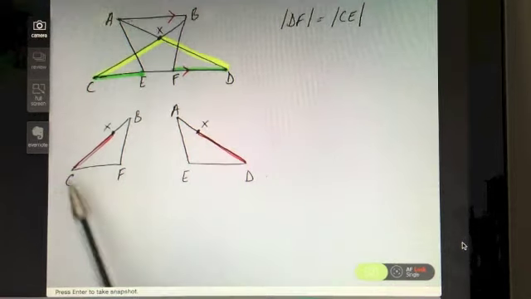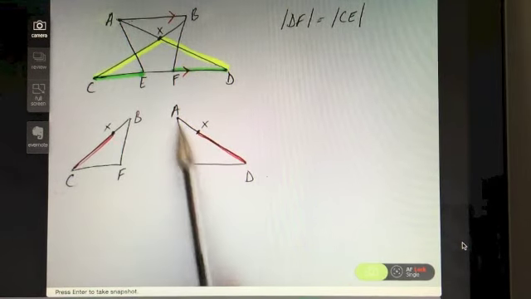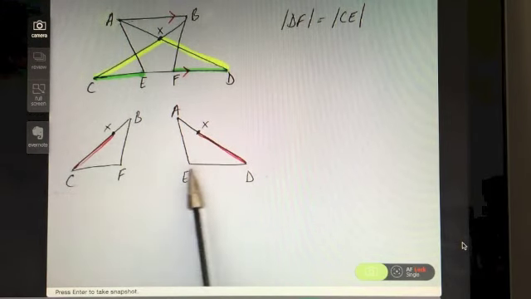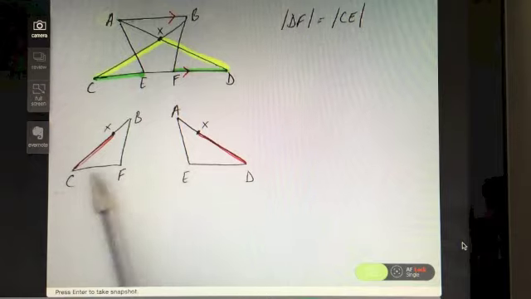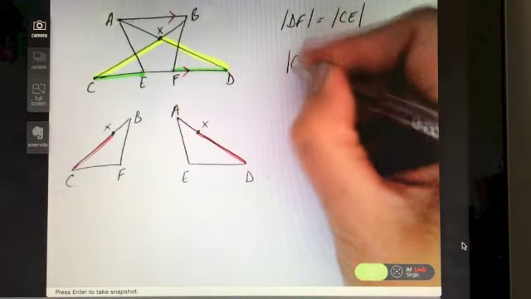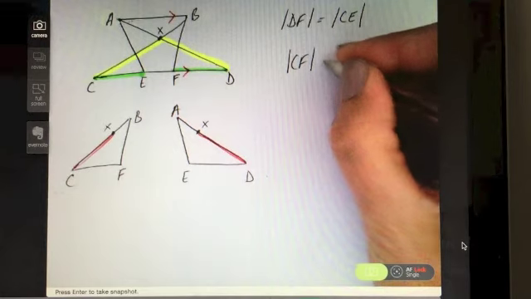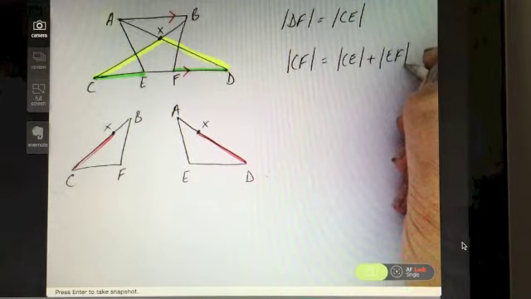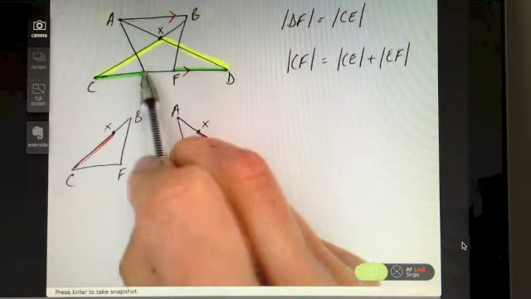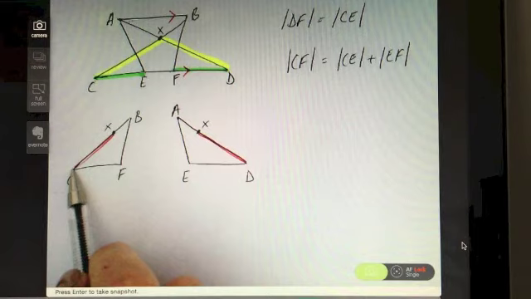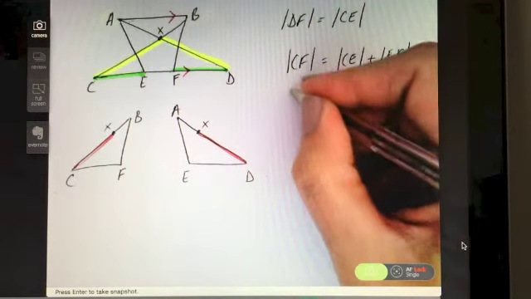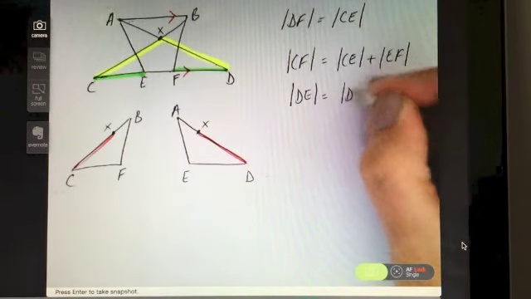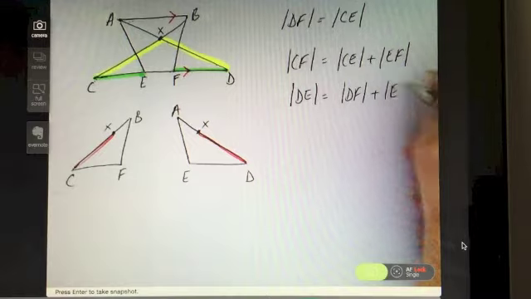So now, although that doesn't help me in the triangles that I'm looking at, because in the triangle I'm looking for CF and DE, but let's have a look at this for a second. So CF is the same as CE add EF. Okay, so the length CE and EF is the same as the full length C to F. And likewise, DE is the same as DF plus EF.